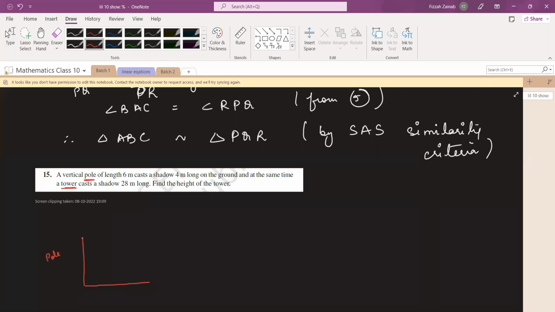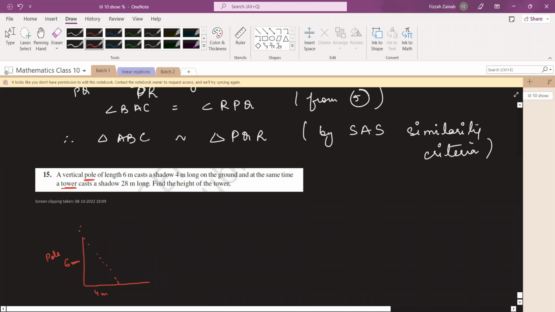A vertical pole of length 6 meters, so the height of the pole is 6 meters. It casts a shadow 4 meters long on the ground, from here to here, and if I name it A, B, and C, correct? And at the same time, a tower casts a shadow.